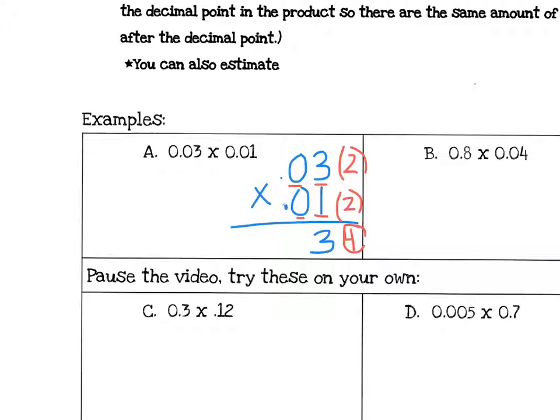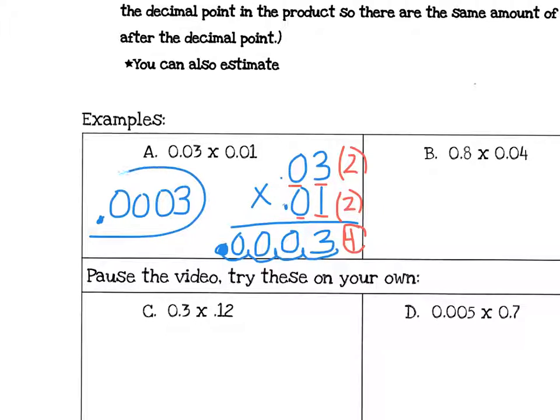So we are going to start at the end of the number, behind 3, and we're going to bounce that decimal point over 4 places, 3, 4. So my decimal point's going to go here, and then we have to fill those place values in with zeros. So our final answer is going to be 3 ten-thousandths. Okay, multiply the numbers as if there were no decimal point, and then we put that decimal point where we want it in the product.